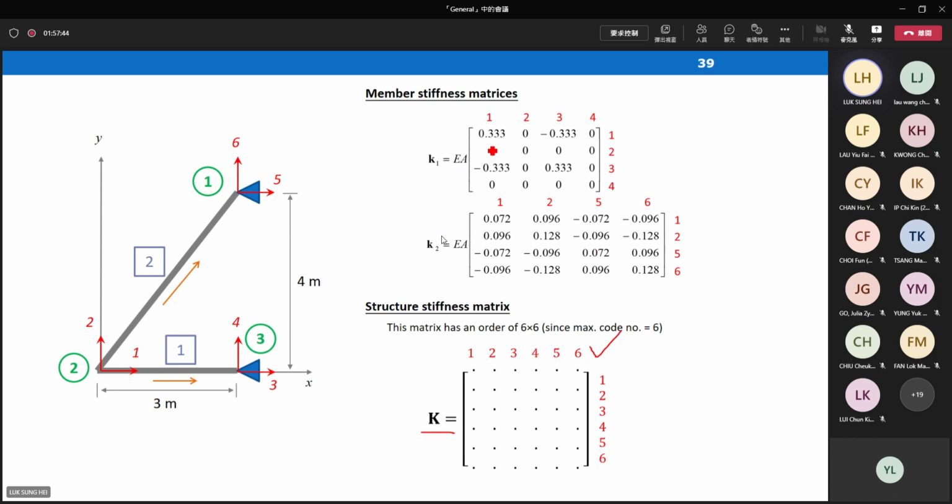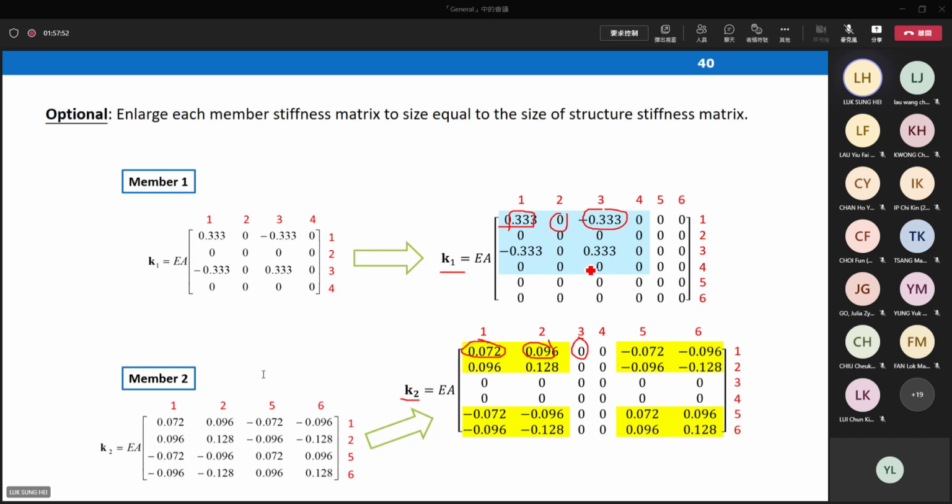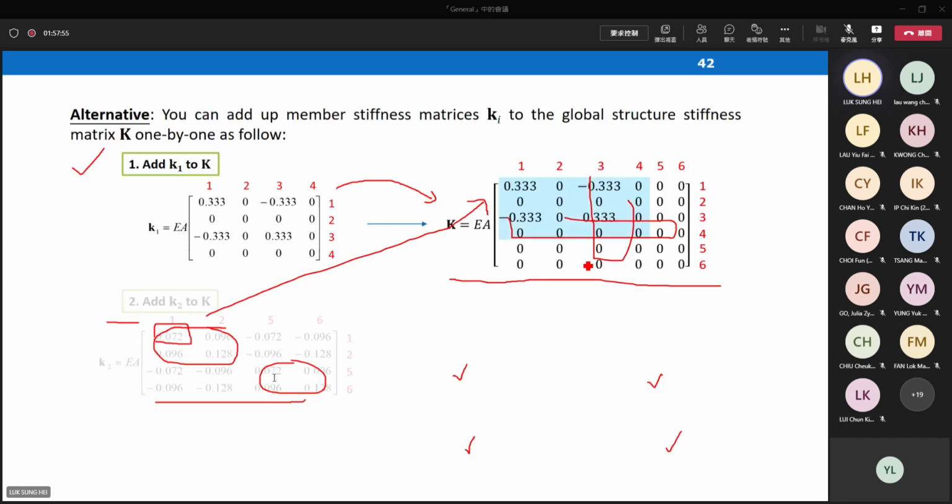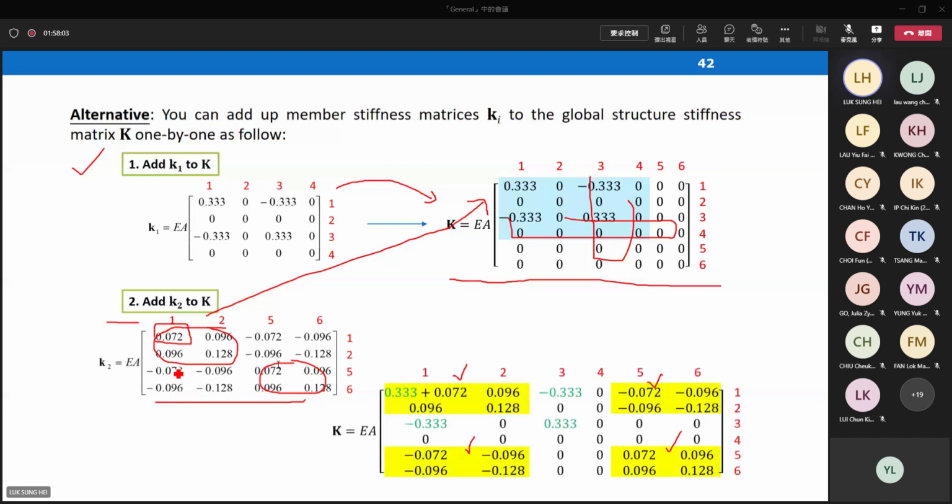You can enlarge all the matrices to the size of the structure stiffness matrix to do additions, or you can do this step by step. Do one and then add the second one to the previous answer. You can add them up in a step-by-step manner. It should give you the same answer if you follow the procedure properly.